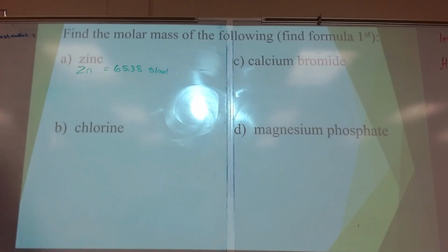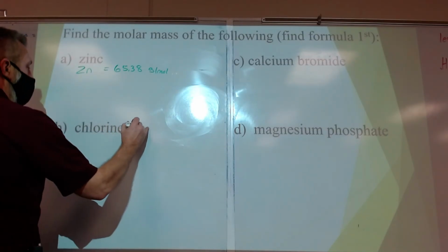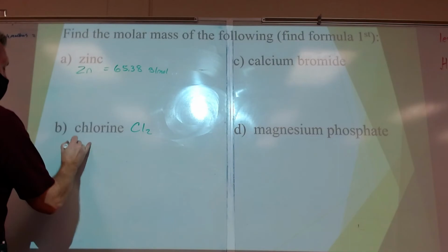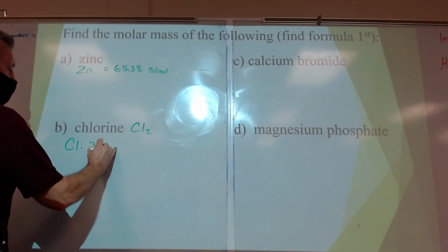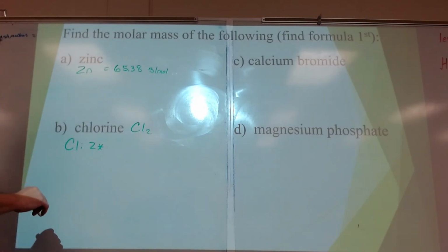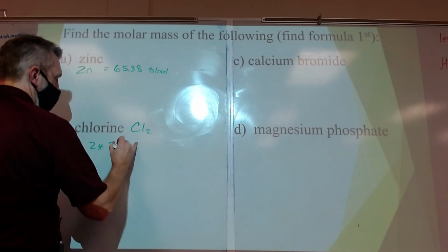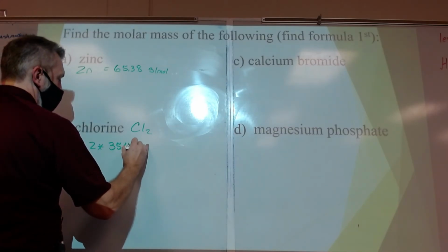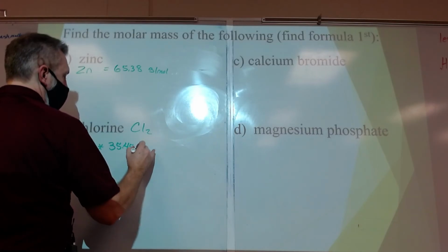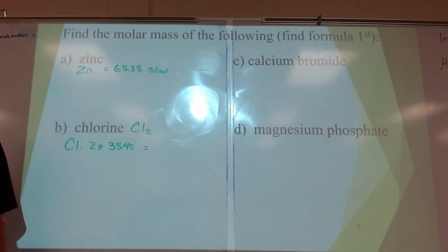Chlorine is a diatomic. That's right. So the formula for chlorine is Cl2. And so I'm going to write this: the molar mass for chlorine is 35.453 times 2, and so the molar mass for chlorine, Cl2, would be, you do not need a calculator for that.